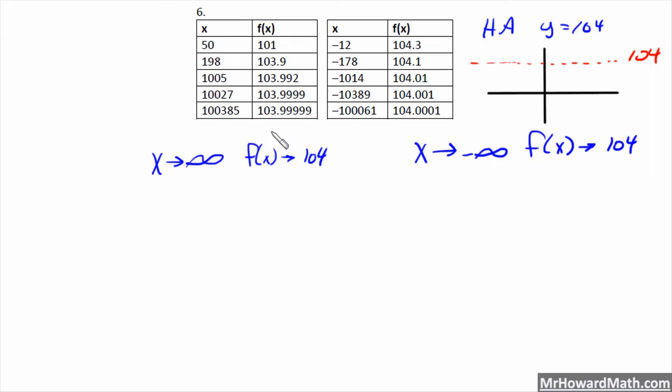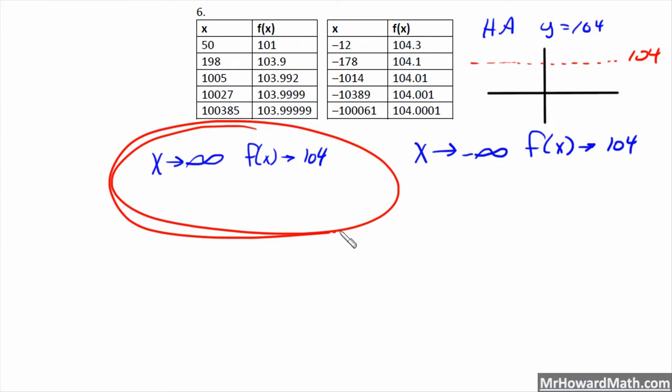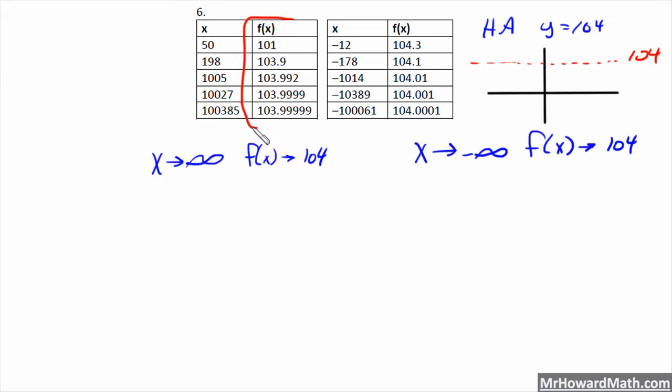So at the far right side of the graph, as x goes to infinity, y is approaching 104, in this case, from below. So let's get another color here, we'll use green. So it's coming from the bottom and approaching that horizontal asymptote of 104 as x goes to infinity. That's what happens at a horizontal asymptote.